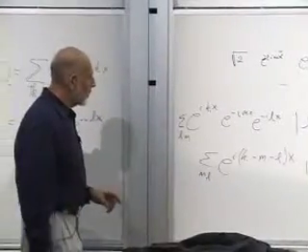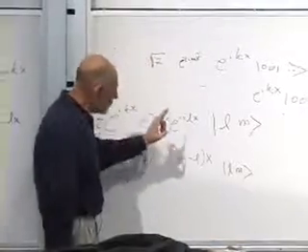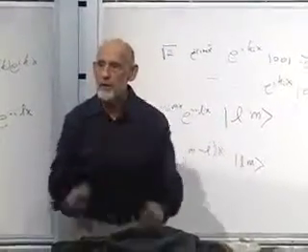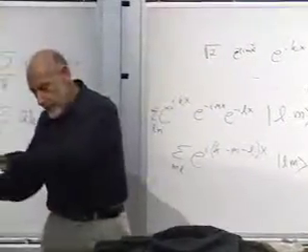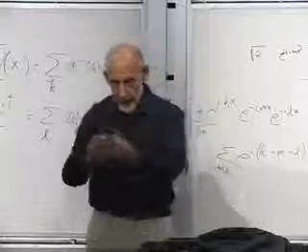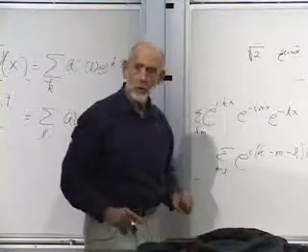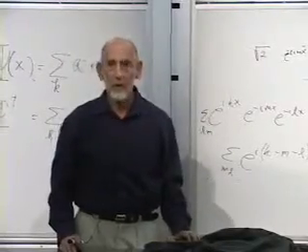So, for the special case where the two particles come out with the same momentum, it could be that momentum, or that momentum. If they come out with the same momentum, there's a factor of square root of 2. What does that mean about probabilities?